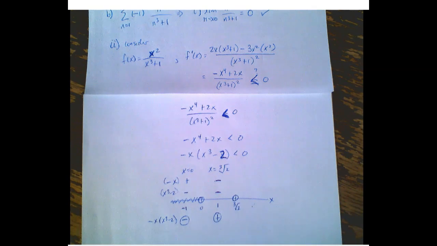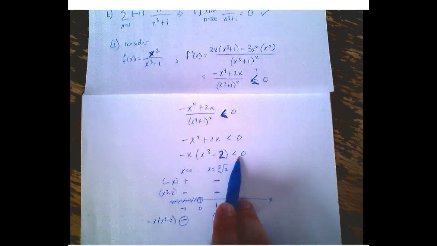Okay. And then lastly, pick a number in this interval. So we don't have any solutions to this inequality in the previous interval. So how about here? The number that's in this region would be like 2. Pick 2. Plug in 2, we get a negative. Plug in 2, we get a positive.